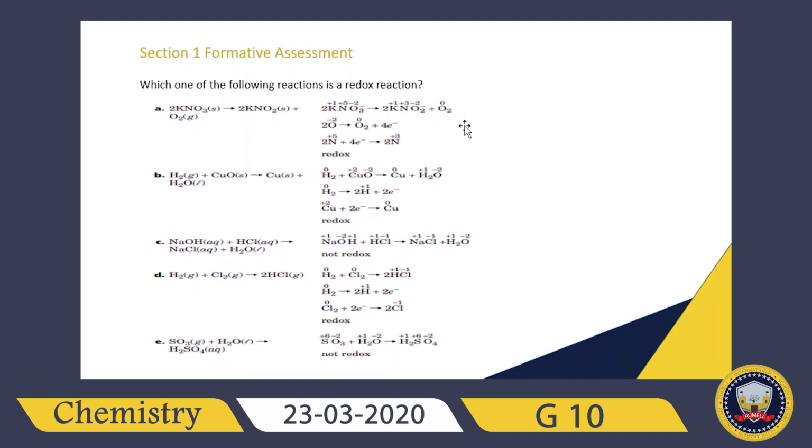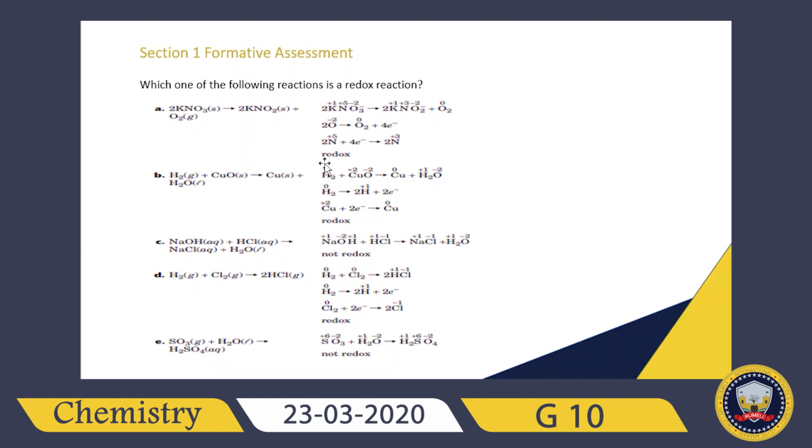In the same way we will answer question B, guys. Here we have hydrogen reacting with copper oxide to give us copper solid precipitate and a water molecule. Again, the oxidation number of hydrogen will be 0. Why? Because we have similar elements, and when the electronegativity of the elements inside a compound is equal to each other, the oxidation number should be equal to 0.